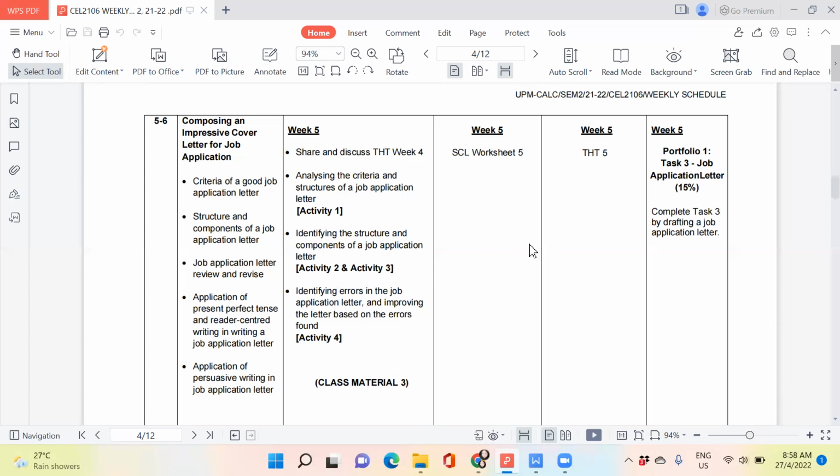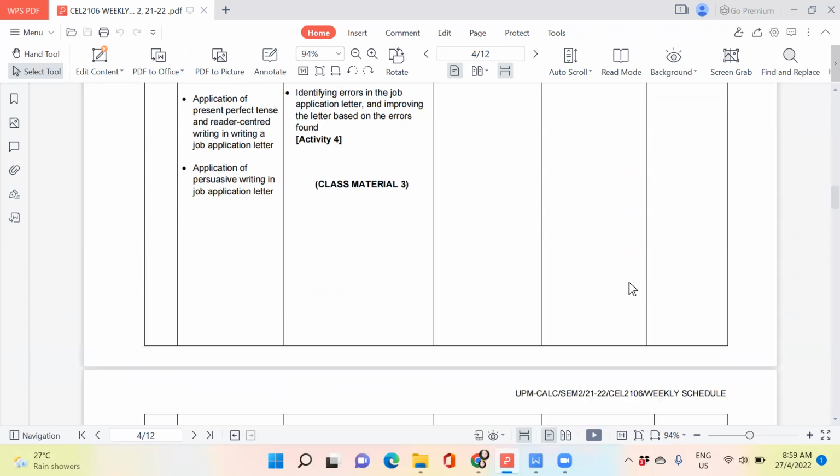And by now, I hope you're done with the draft of your job application letter. Draft means just a rough outline of how your job application letter would look. And by the end of this week, I hope you will have enough knowledge on how to write a proper job application letter.